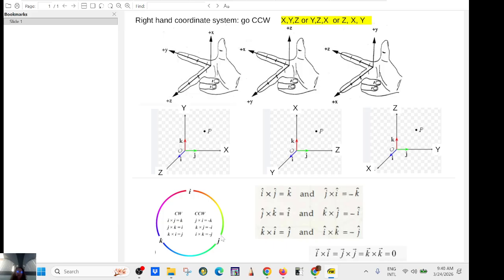I cross J gives you K. K cross I gives you J. J cross K gives you I. If you go in the opposite direction, you get a minus. These are cross products, just a review. You will find that in my Dropbox.